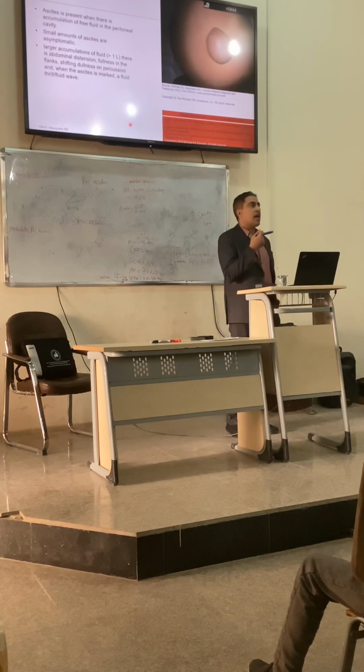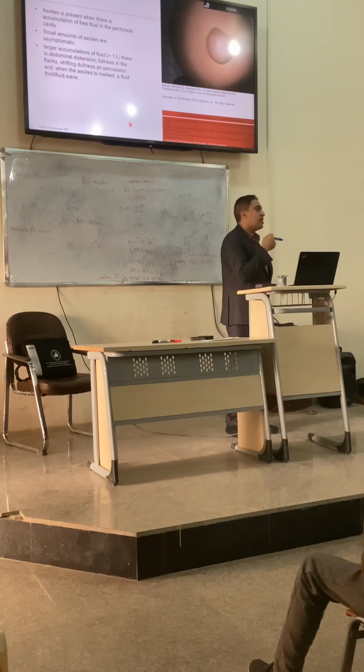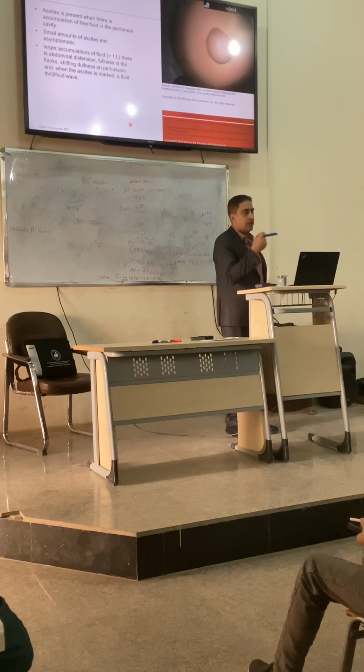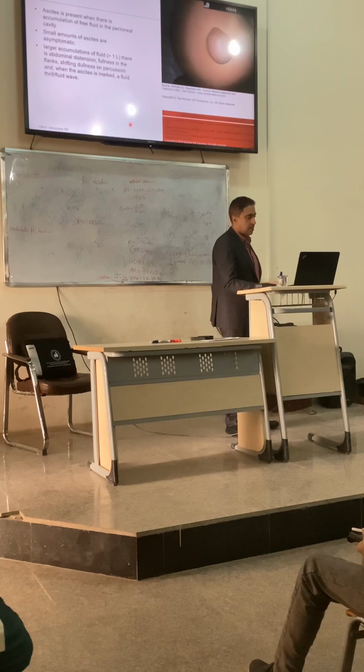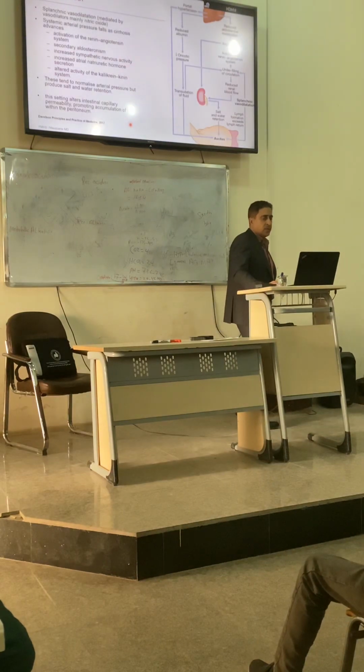What are the other signs that confirm this is tense ascites? You have to say this is an everted or herniated umbilicus, which goes with what is called ascites. So there are many causes or pathophysiological mechanisms for ascites.